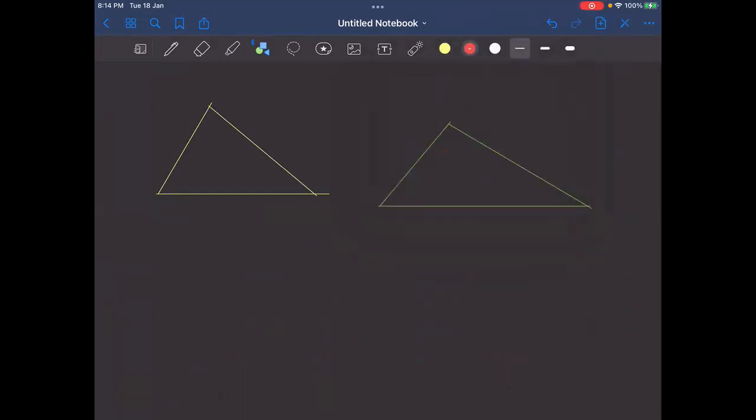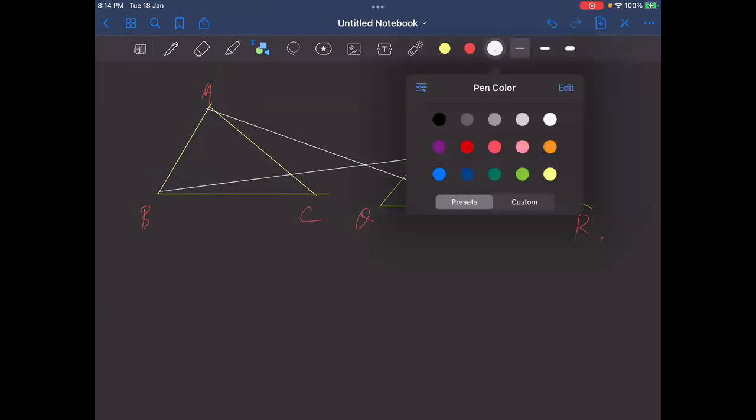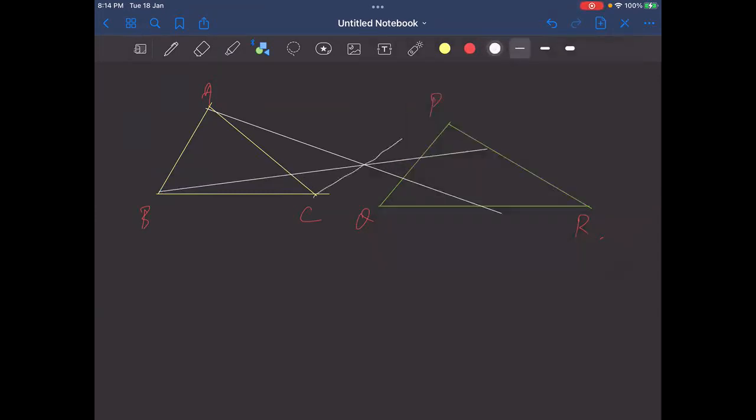This is your A, this is your B, this is your C, this is P, this is Q, this is R. From A, where did they drop? On QR, correct. From B, where did they drop? On RP. So we assume from B we have drawn at RP. And from C they dropped on PQ. So from C it will go to PQ somewhere in space. That's not right.